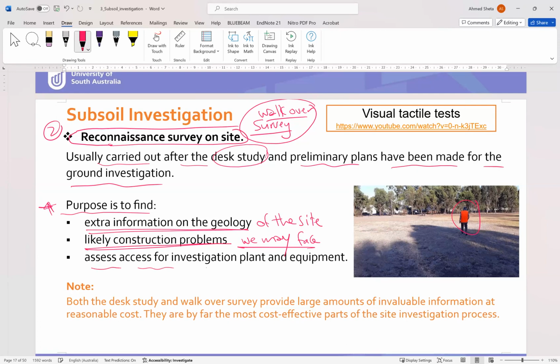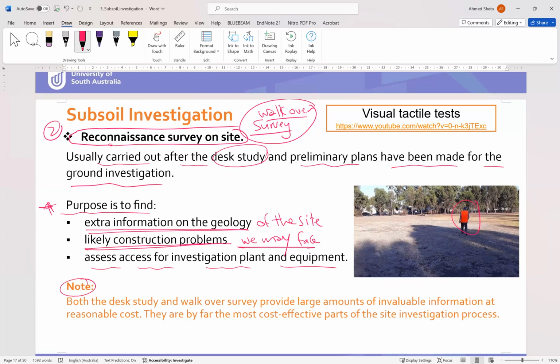We assess the access for investigation plant and equipment, so we will also assess the availability of the machines or tools to use on this site. This is another important step in our subsoil investigation, to collect information from the actual site before starting the sampling and testing processes.